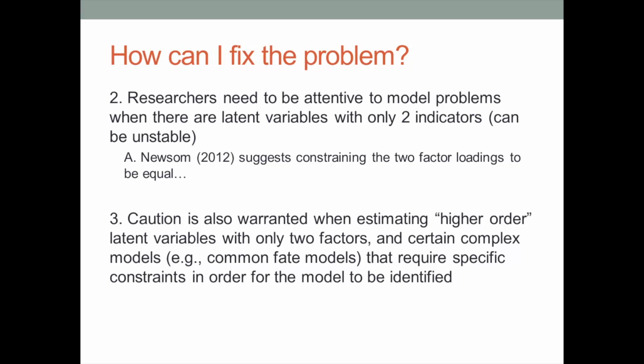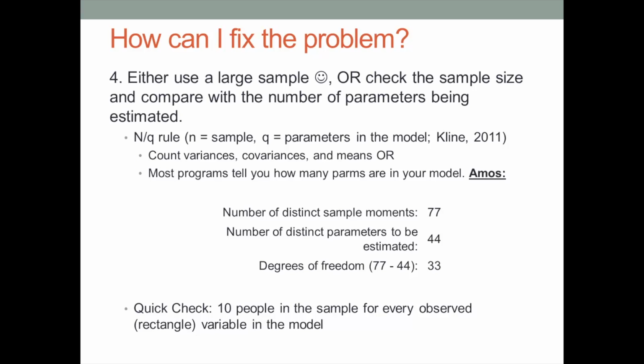When you estimate higher order latent variables or more complex models like common fate models, factor of curves and curve of factors models, things like this where there are specific constraints that have to be placed for the model to be identified, you need to make sure that you do that, and otherwise you're going to run into these kinds of problems.